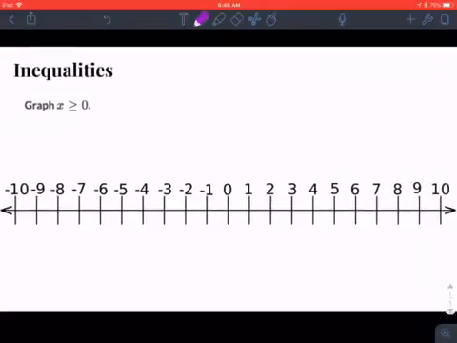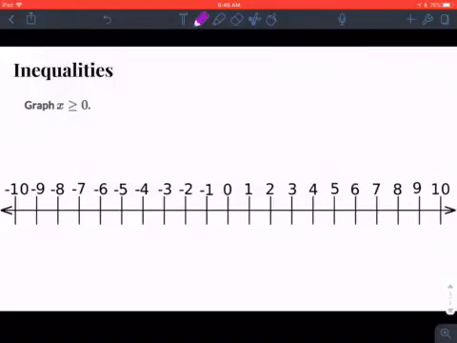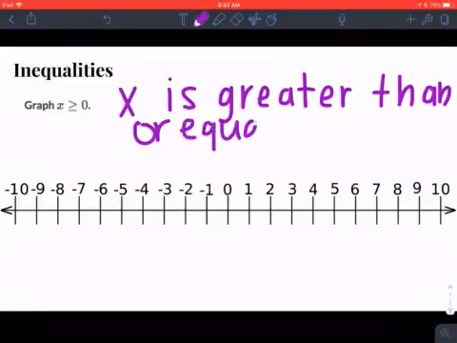All right, graph x is greater than 0. Okay, so here, greater than or equal to 0, I'm sorry. X is greater than or equal to 0.